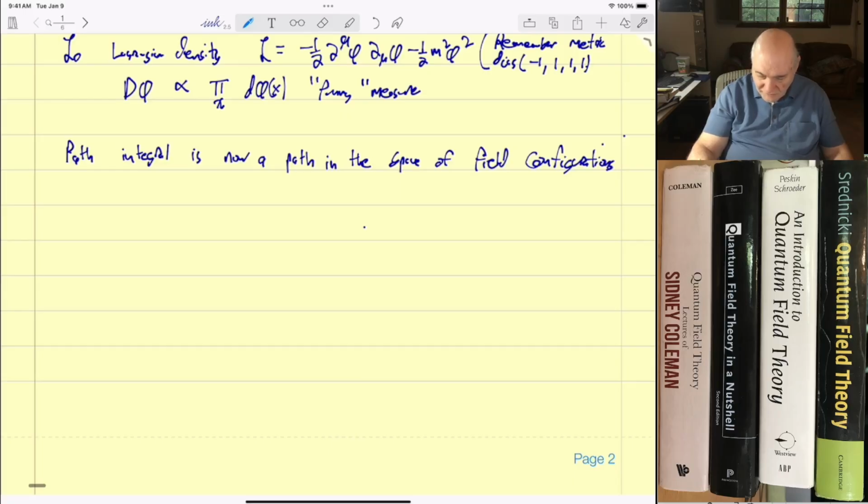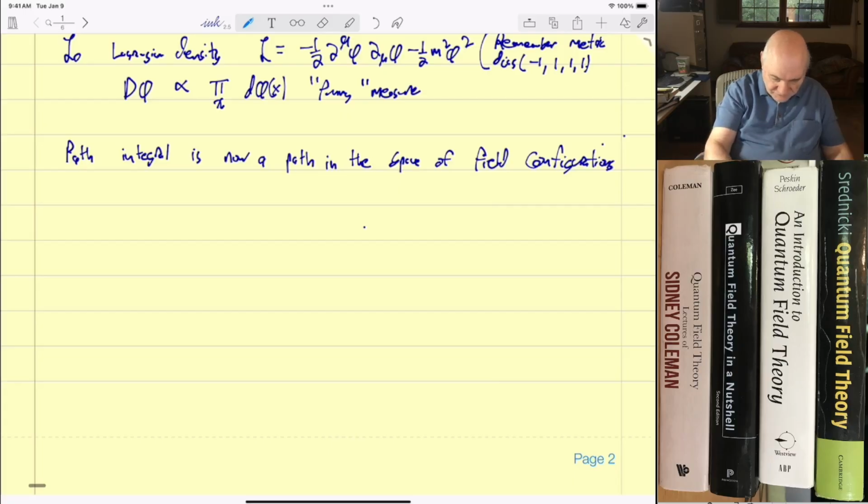So we can go from, let's say, one field configuration where the field is relatively constant, and then maybe it starts varying a lot at another time, and so on and so forth. And we end up going to the final configuration. And we look at all possible paths in this very, very large configuration space. And so that's what we're integrating over. That's what the path integral is.